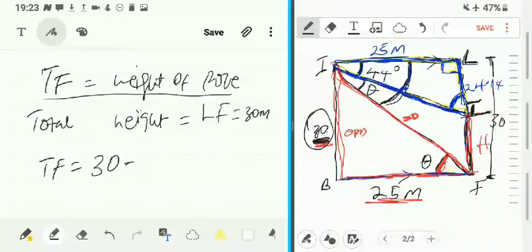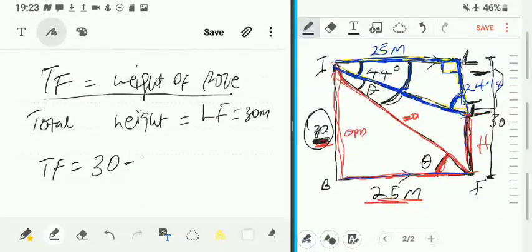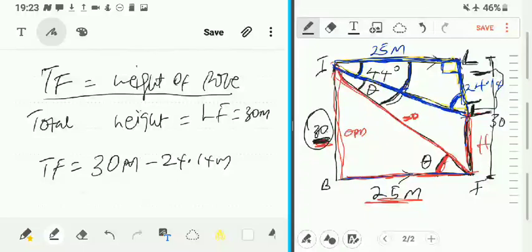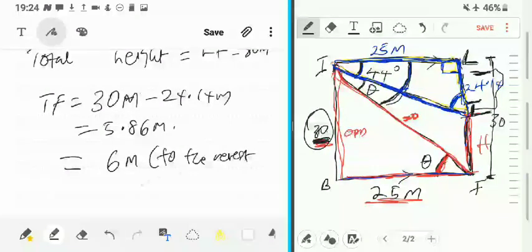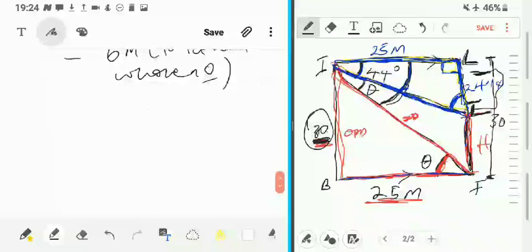Height of pole, we don't know. 30 minus this one that we got, 24.14 meters, which is equal to what? 5.86 meters. We're told to calculate to the nearest whole number, that's what? Equal to 6 meters to the nearest whole number. So that answers number 7 perfectly.